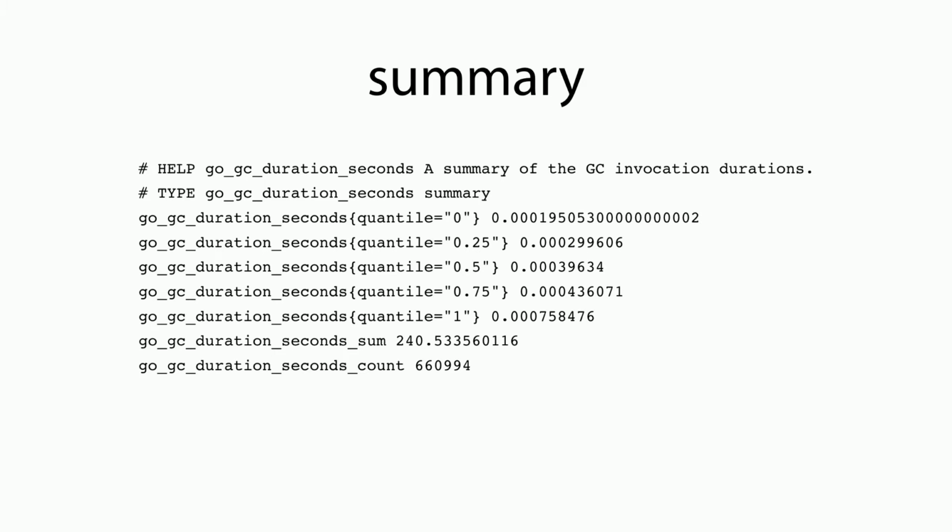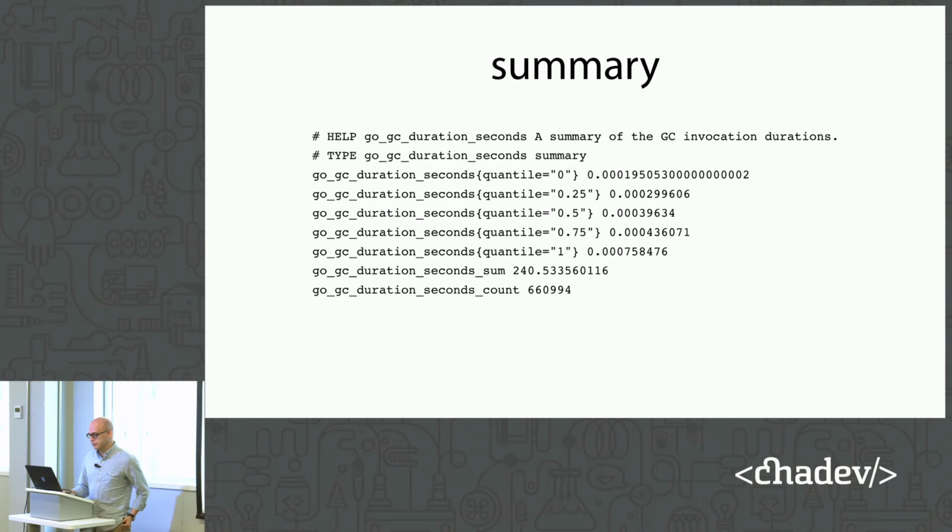Basically, the bottom line is if you use a summary, you control the error in the dimension of your quantile. And if you use a histogram, you can control the dimension of the observed value. I don't want to get too deep into the weeds on that, but it has to do with where the error is, how wide the standard deviation error margin is that you're looking at.